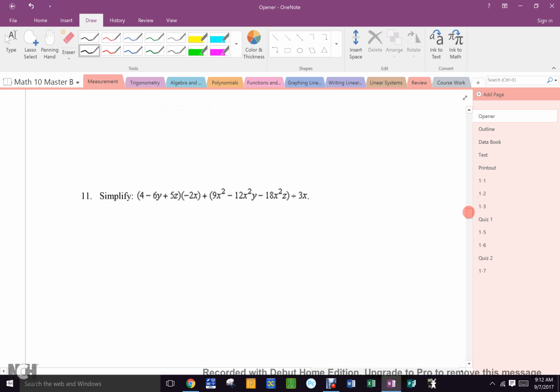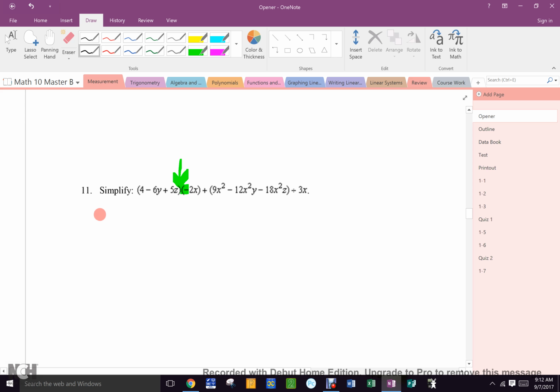All right, so the next one's the exact same thing, yeah? Except there's more happening. What's happening right there? Multiplication. And what else is happening there, Josh and Deep? Not only is it multiplying, what is it multiplying? A negative. So what's going to happen to all those signs? They're going to change. So that 4 is going to multiply by negative 2x.